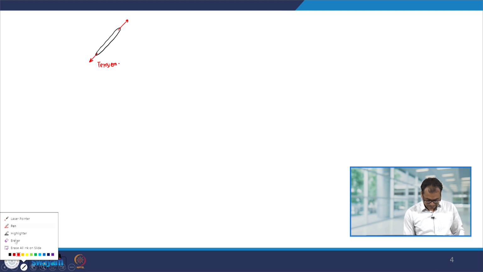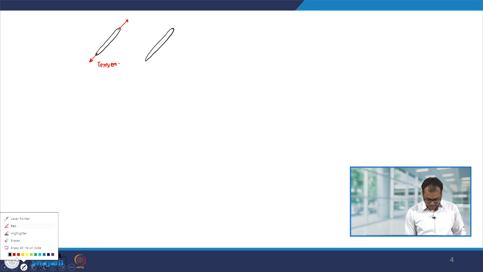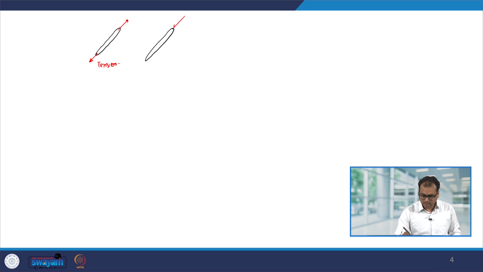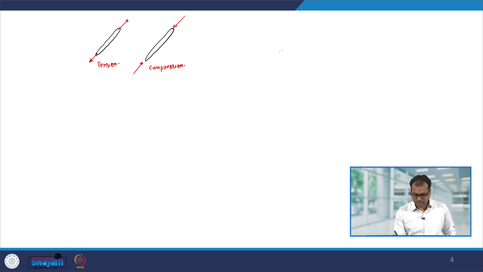Similarly, let us say again I have this member and in this case the forces that are acting on the member are like that. In this case, this member is under compression. Now, similarly, you can also think of the pin. Let us say I have this pin and on this pin various forces are acting.